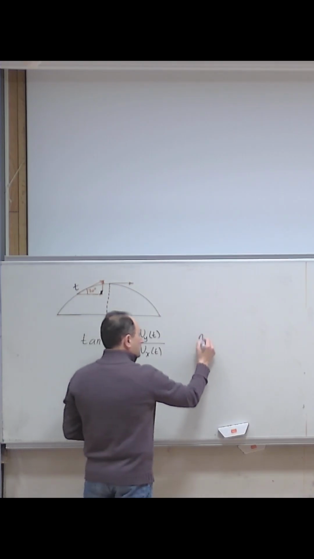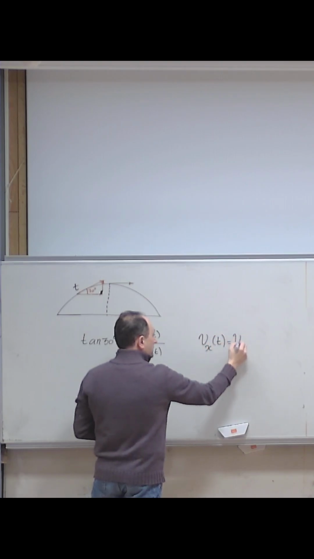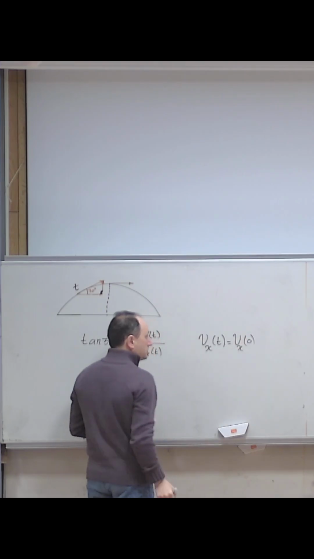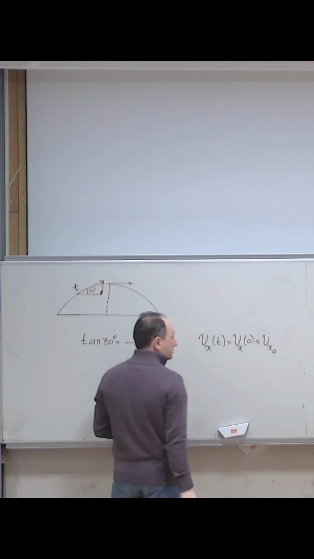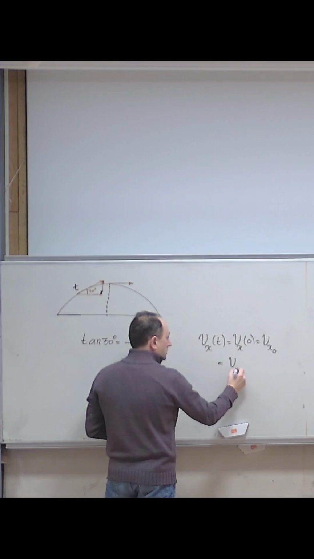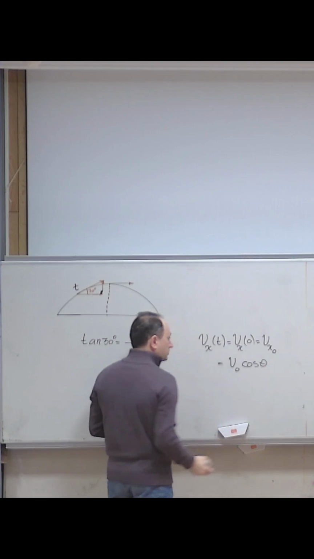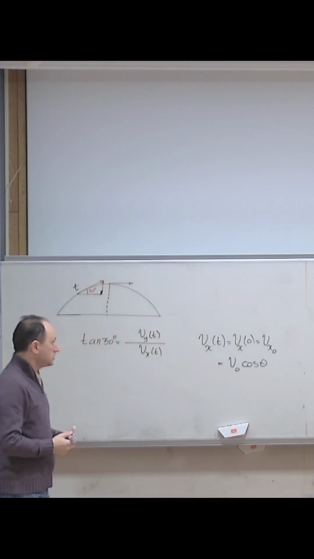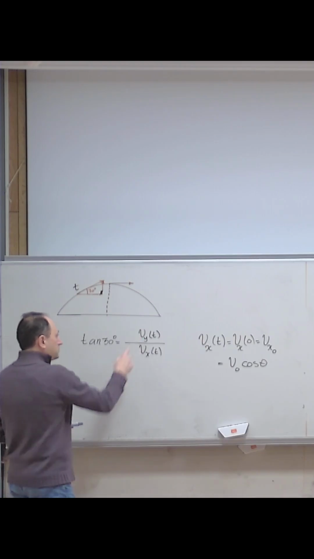So v of x at t is equal to v of x at initial time 0, which we usually denote by vx naught. And that becomes the initial speed multiplied by the cosine of the angle of projection. So this is this one.